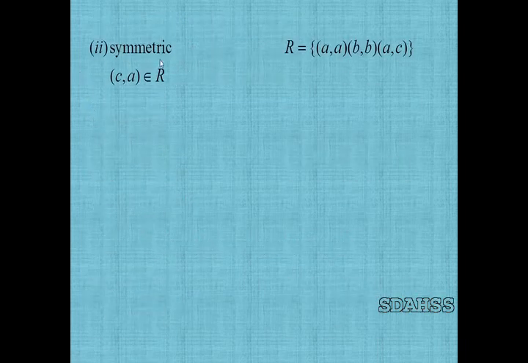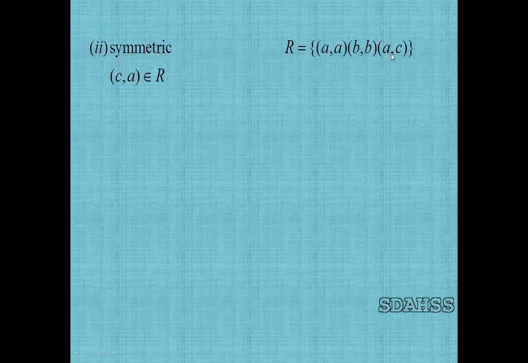Then symmetric. Symmetric means a is related to b implies b is related to a. That is (a, b) implies (b, a).